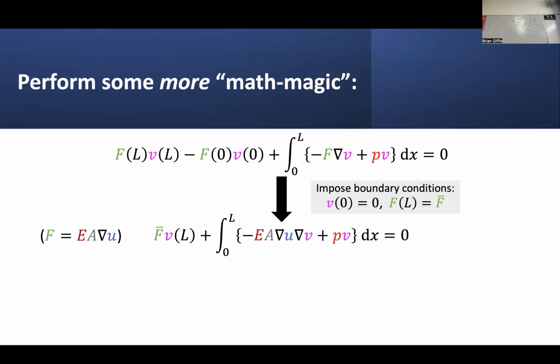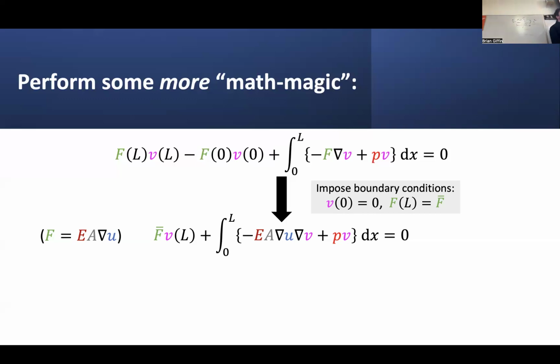And we can also recognize that F, the internal force in this member, evaluated at L according to our force boundary conditions, basically says that if there's an external force applied at x equals L, then we can just plug that directly into this expression and replace F at L with just this externally applied boundary condition on the force, F bar. So we make those substitutions.